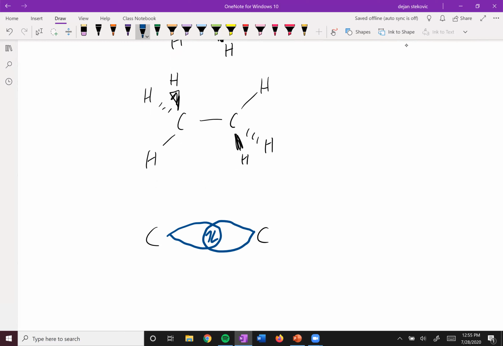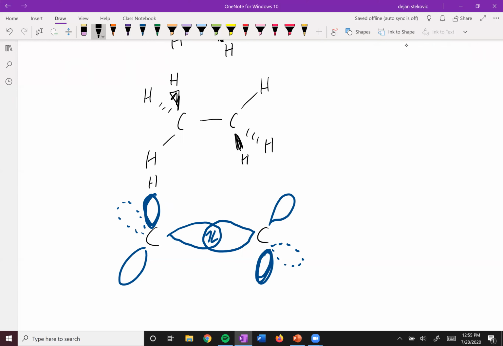Each of these carbons has three more sp3 orbitals, one going out of the board, one going back into the board, and so on. And then there's a hydrogen on each one of these.